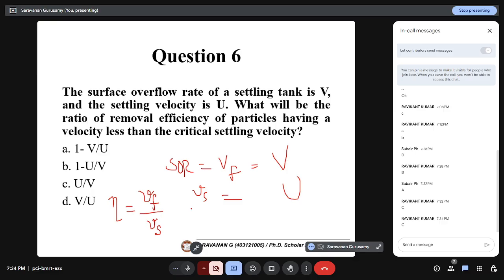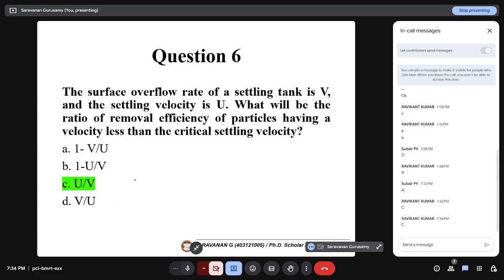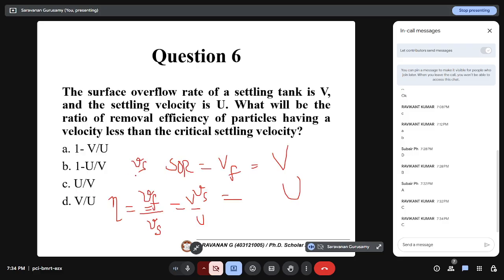So flow velocity is V by U, which is correct. The efficiency is Vs by Vf, settling velocity over SOR. U by V is correct.